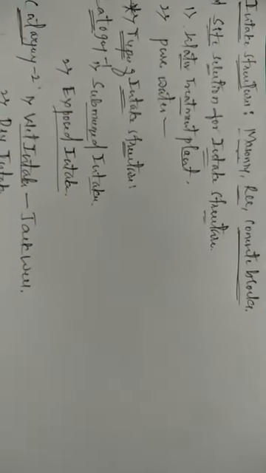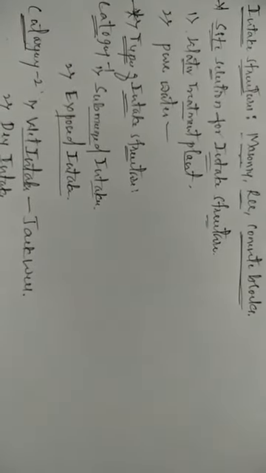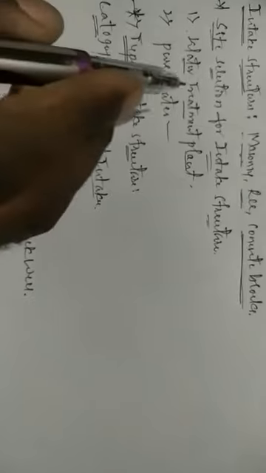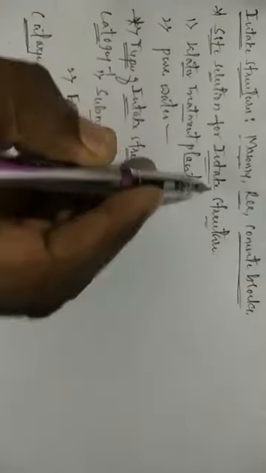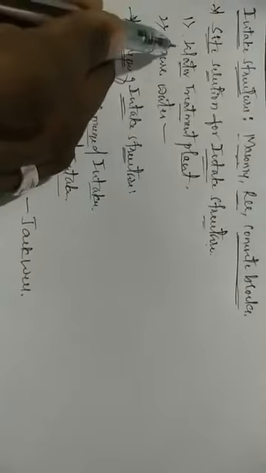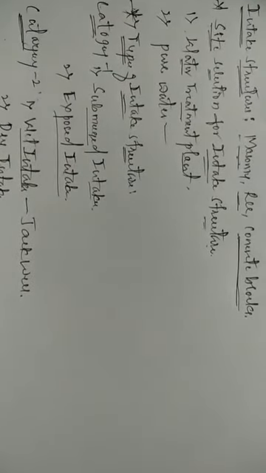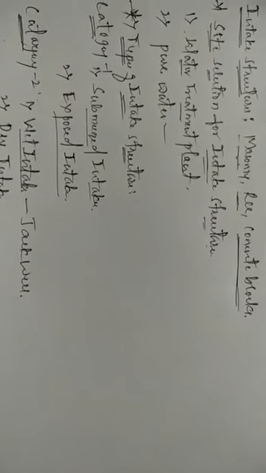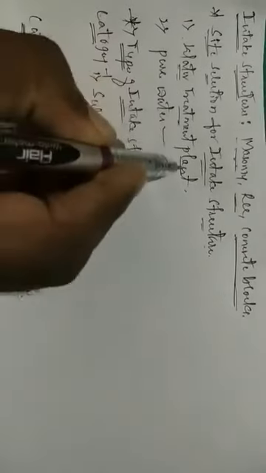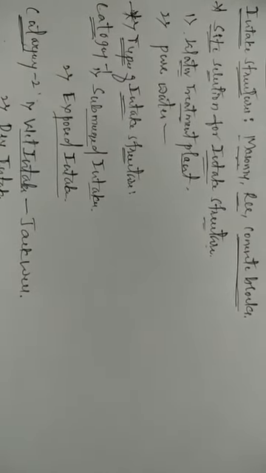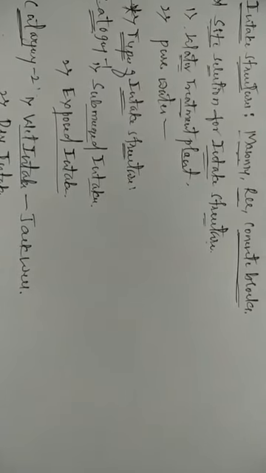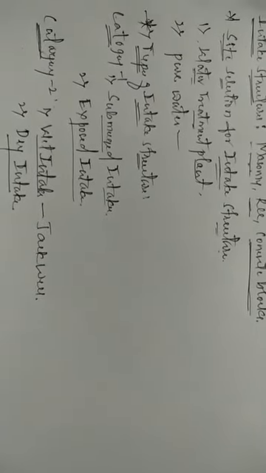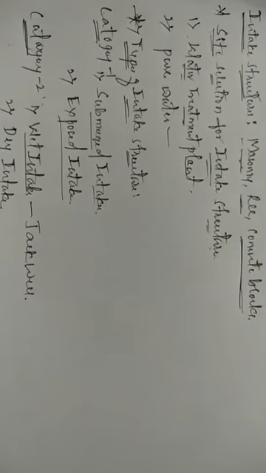Okay, so let us see where we are going to construct these intake structures, that is, the selection of site for the construction of intake structures. First, we select the site near the water treatment plant, as we convey water to the water treatment plant, so it should be nearer to the plant. It should be constructed in the pure water zone, and it should not interfere with the river traffic.